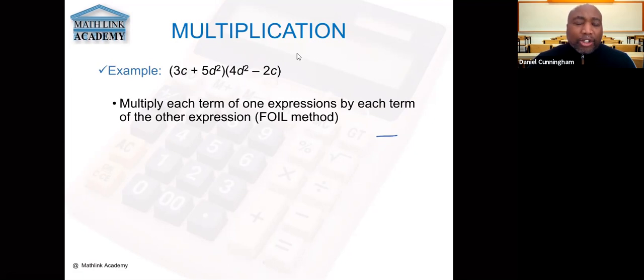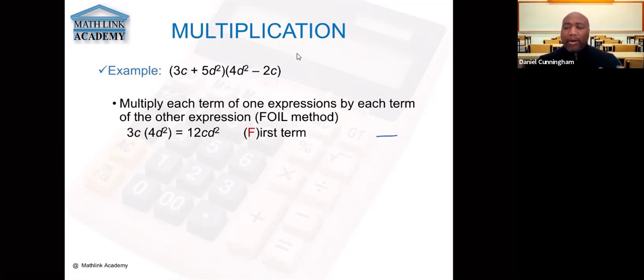The first terms are 3C times 4D squared. That's the first term of each of those expressions. Notice what I wrote down. And that's going to equal, if everybody agrees, 12CD squared. Is that correct? That's my first term. This is the first term right here.